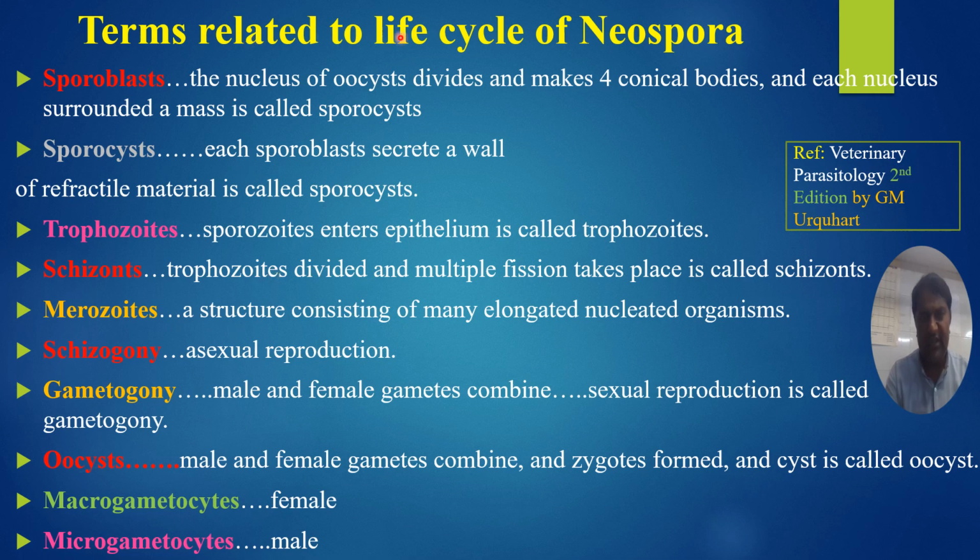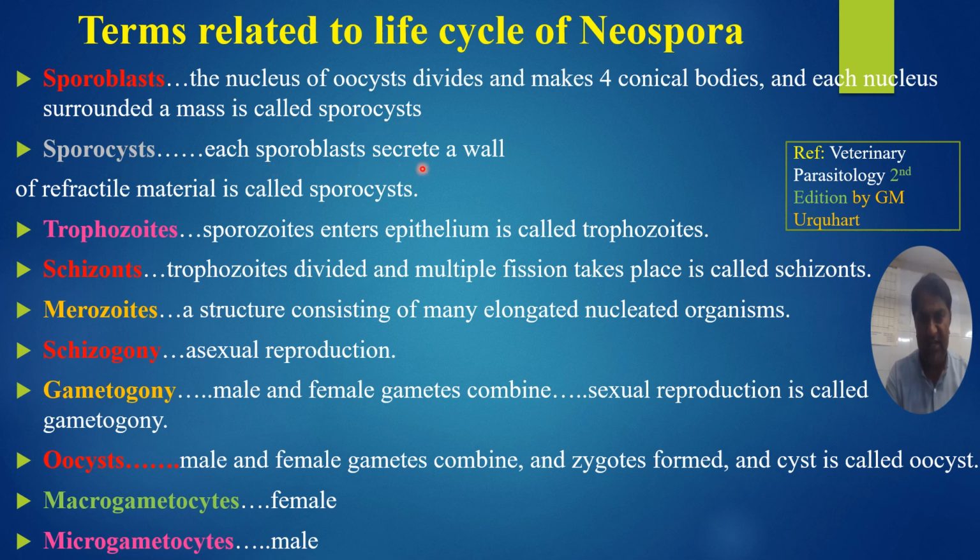The terms related to the life cycle of Neospora: the first one is sporoblast. The nucleus of the oocyst divides and makes 4 conical bodies, and each nucleus is surrounded by a mass, called a sporoblast. Sporocyst: each sporoblast secretes a wall of refractile material, and this is called the sporocyst.